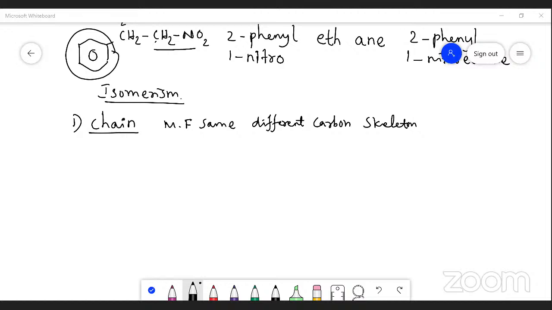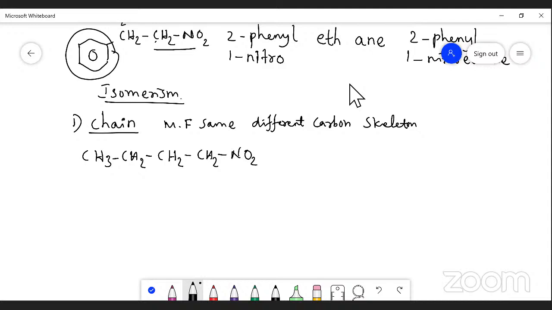So if you take a nitro compound, CH3, CH2, CH2, CH2, NO2, take this compound.